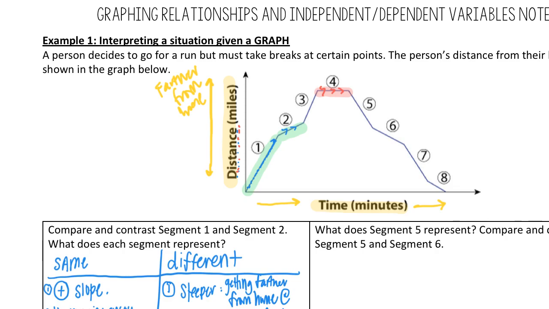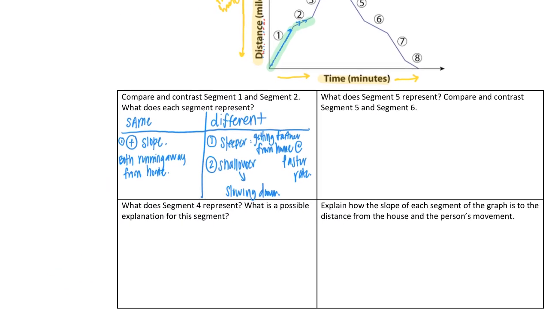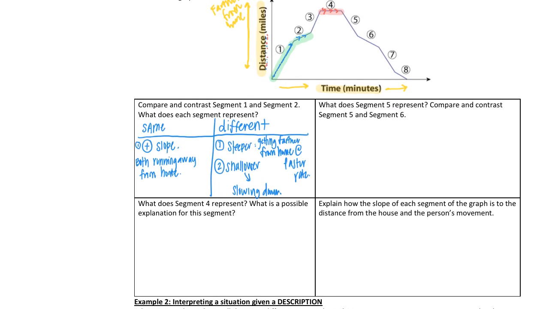No. So at this point, hopefully you're thinking that they are either taking a break, maybe they stopped to get water, maybe they made it to their destination on their run, maybe they were running to a lake and they're just taking in the views, but they are not running. That's the key idea.